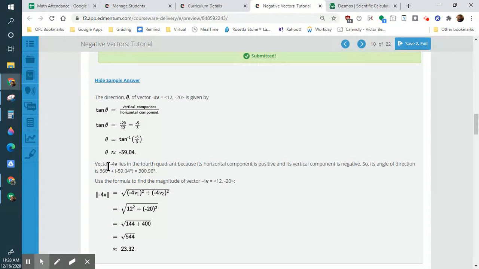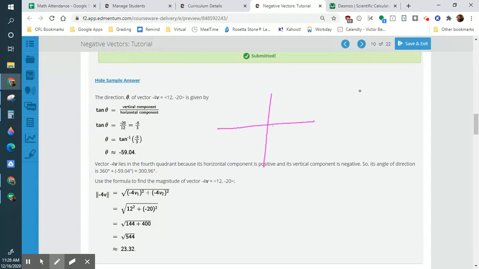Oh, duh. I don't know why the way Edmentum sets it up, it always sets it up in a weird way. You have to use your common sense in realizing which quadrant this is when we're thinking about the angle. So whenever you're doing trig or vectors or whatever, keep in mind which quadrant it is.